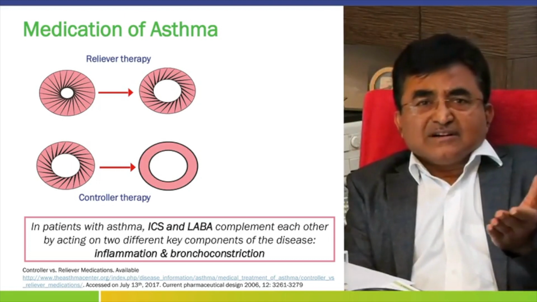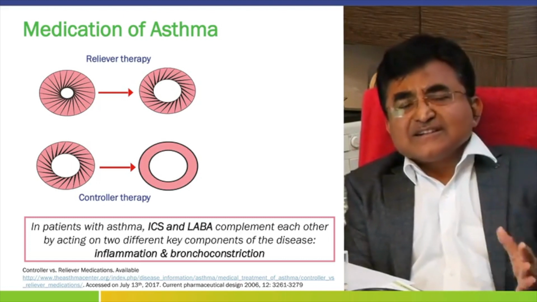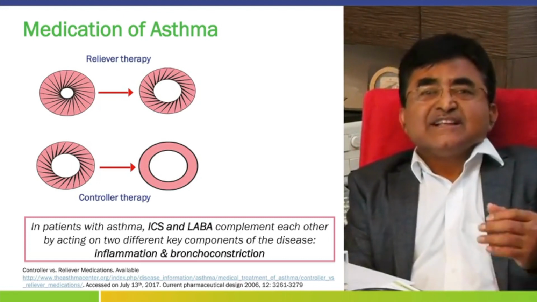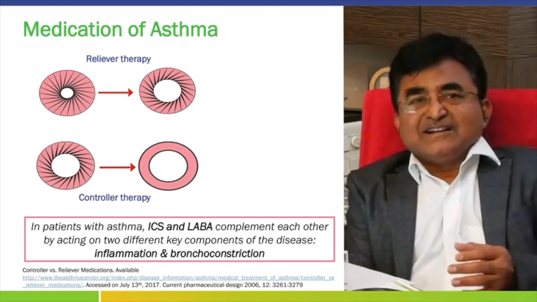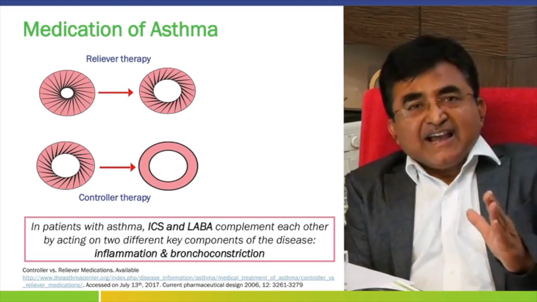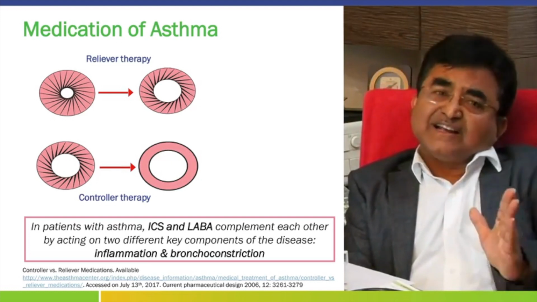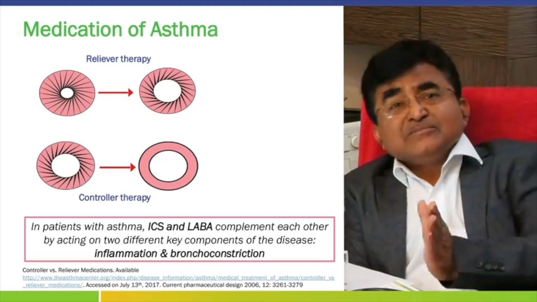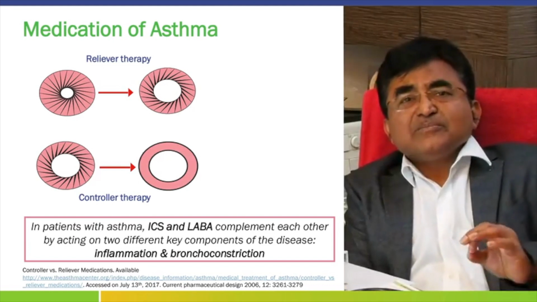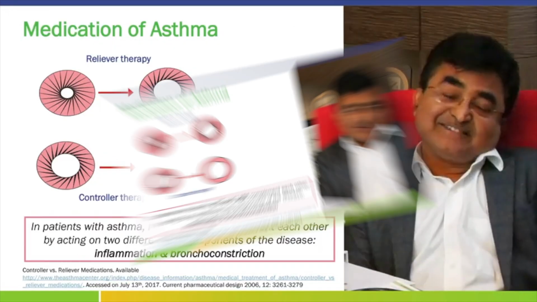Now what are the effects of the controller drug? The controller drugs act on the inflammatory part and they act as anti-inflammatory, and they will again help airways to become dilated or narrowing becomes less.